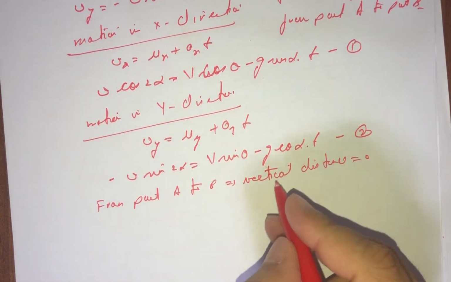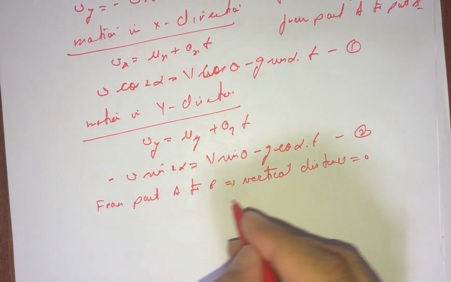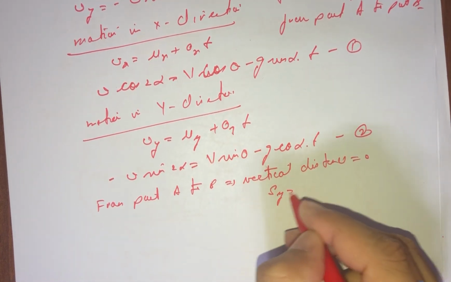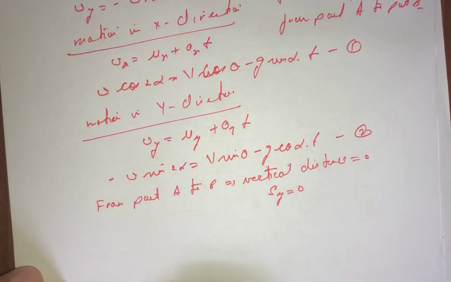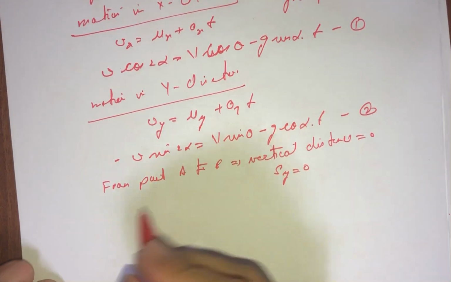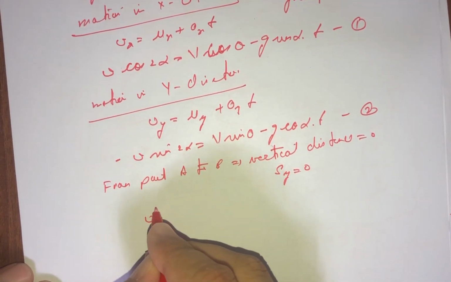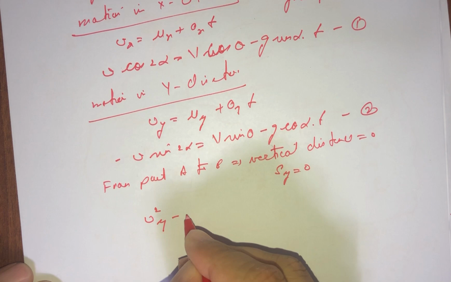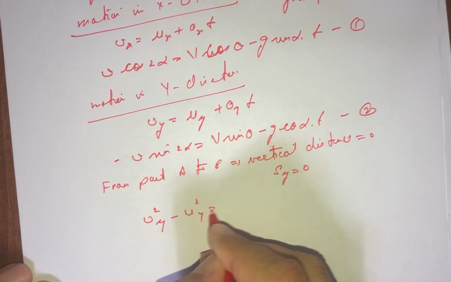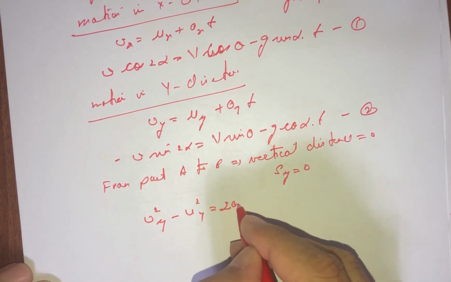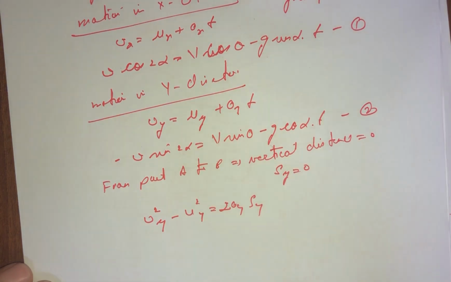If we represent vertical distance by s, then sy is equal to 0. So we are going to use the formula v² in y minus u² in y is equal to 2 a in y into sy. That is, v² minus u² is equal to 2as.